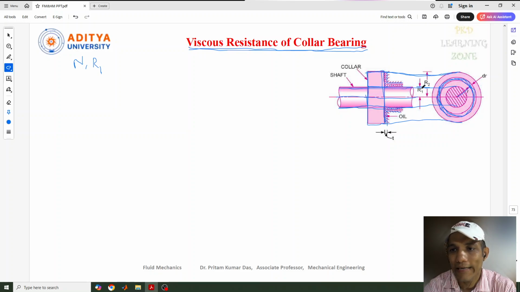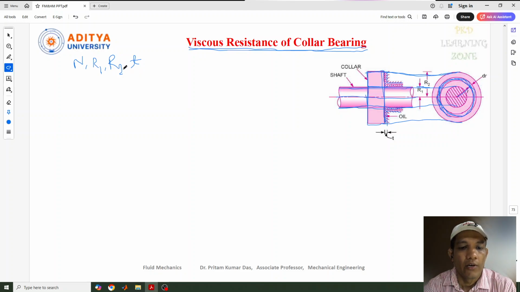Similarly, R2 is the external radius of the collar. And T is the thickness of the oil film, between the collar and the bearing.